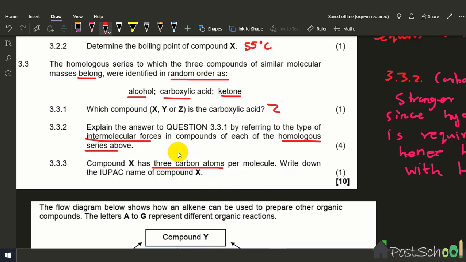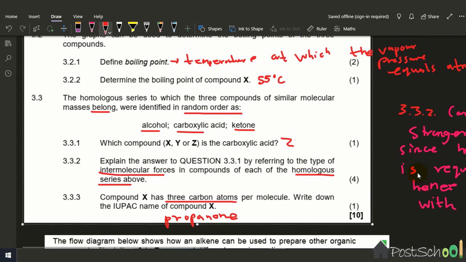So the answer here is propanol since it has 3 carbon atoms per molecule, so it's propanol. It cannot be an alcohol with 1 carbon atom per molecule, so 3 carbon atoms.